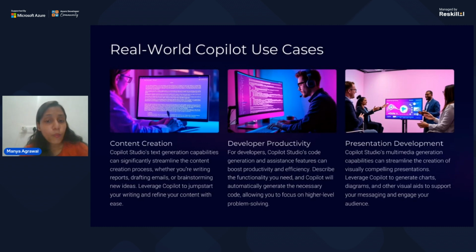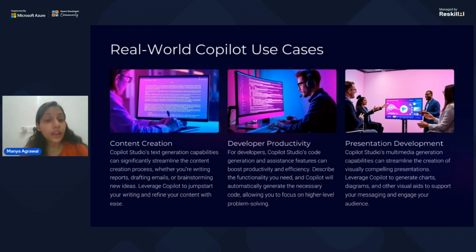The second one is developer productivity. For developers, Copilot Studio code generation and assistant features can boost productivity and efficiency. We all know that for developers, writing a program of 100 lines of code takes very much time. Copilot also provides us a feature which is developer productivity.